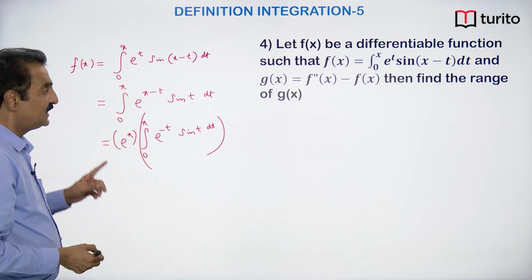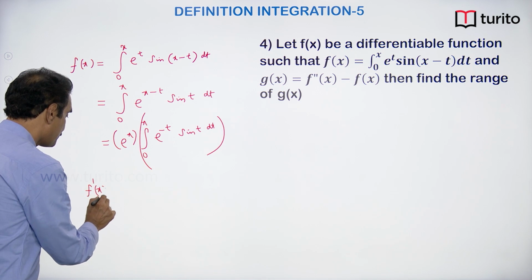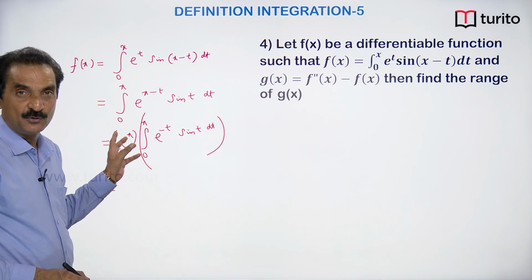Now differentiate, f dash x is equal to, see it is a product, so differentiate by UV rule.